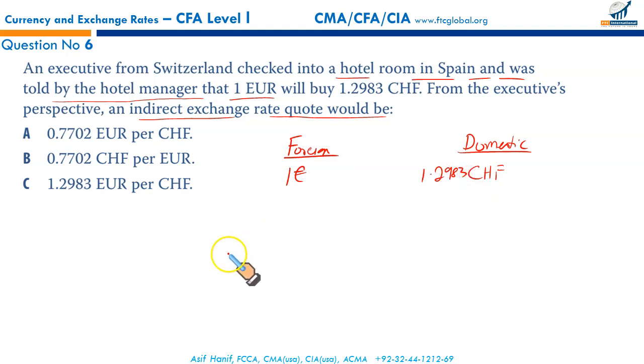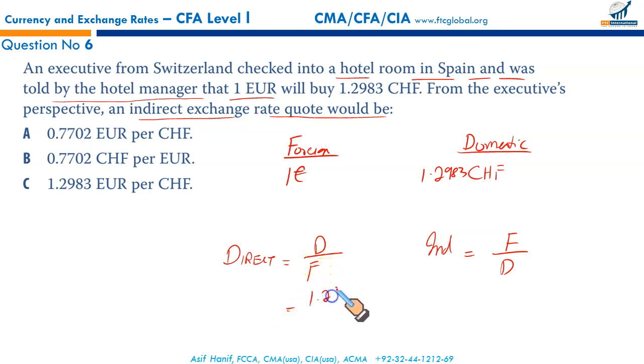When we say direct exchange rate means the domestic per foreign, and in indirect, it's foreign per domestic, right? So right now what we have been given is the direct exchange rate, that is 1.2983 CHF, that is 1.298 Swiss francs per euro, right? In indirect, it would be totally opposite to it.